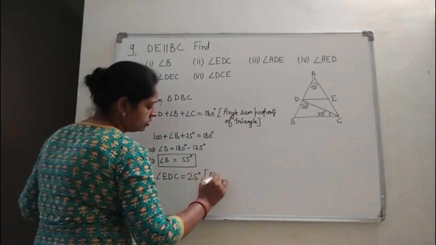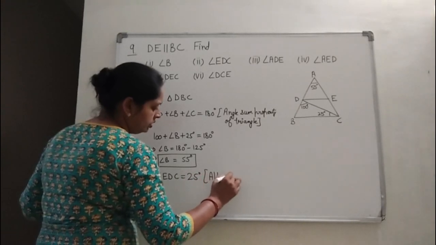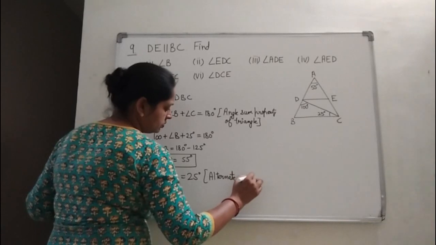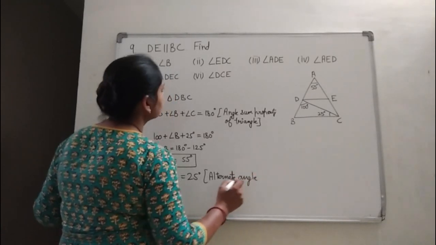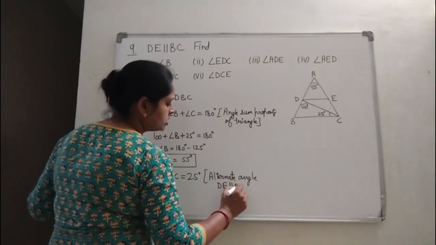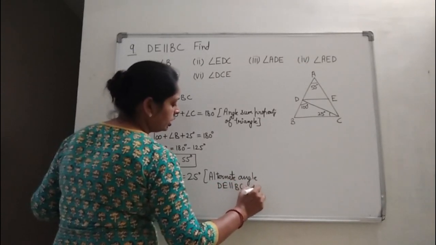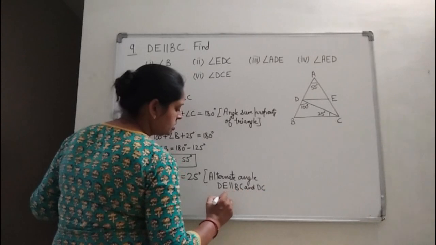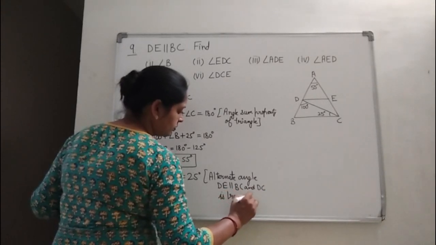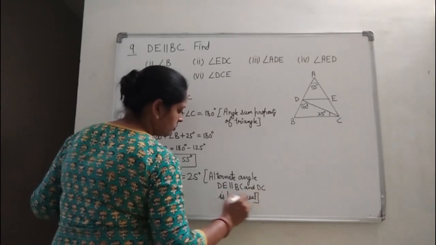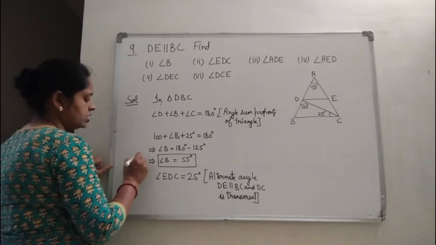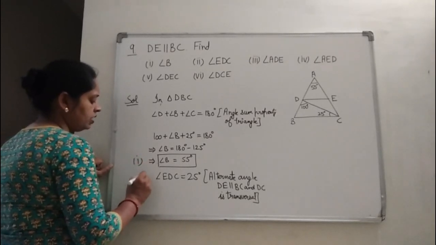What is the reason? Alternate angles. Which condition are we having? DE is parallel to BC and DC is transversal. Right? So we got the measurement of this also. This is the first part, and this is the second part we have done.